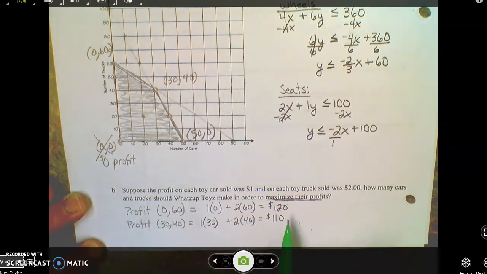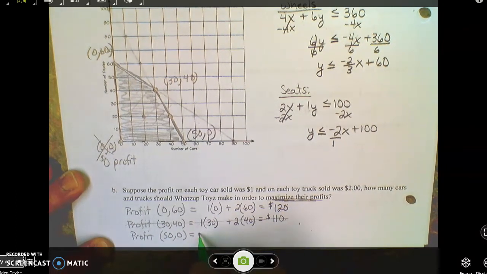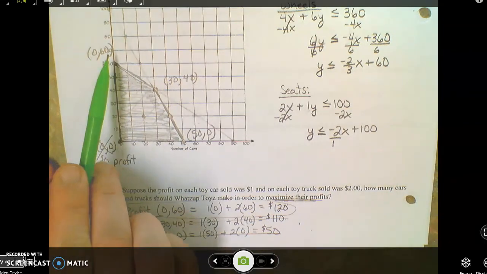So not a max profit, I'm just going to cross that out. And then the last one, profit for 50 cars and no trucks would be 1 times 50 plus 2 times 0 trucks would only give me a profit of $50. Clearly not the maximum. Okay, so the maximum profit happens if I make no cars and 60 trucks.